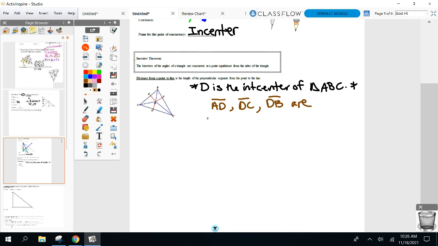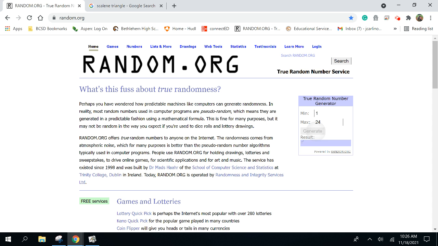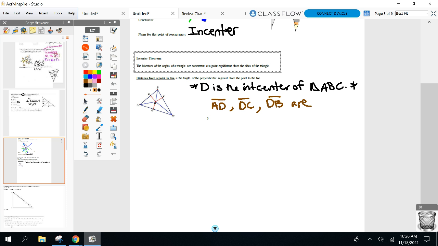are all what? If D is the incenter, that must mean AD, DC, and DB are all what? Those are all called what, if they all intersect at D, the incenter?